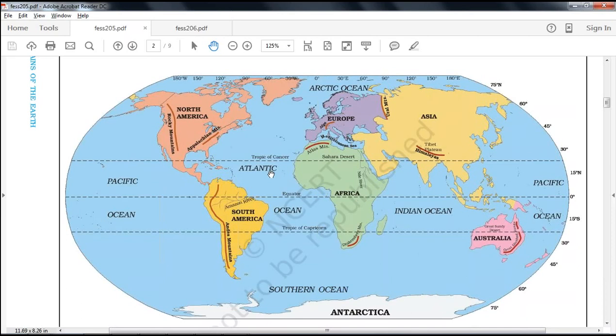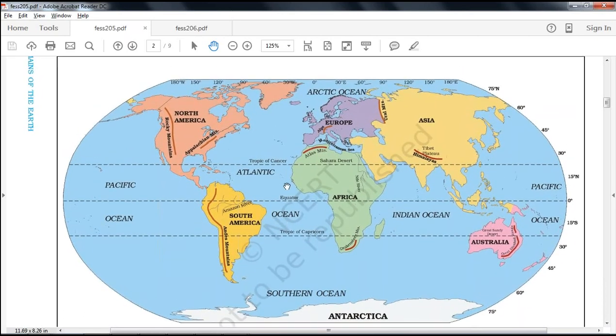This is second according to size, and it is S shaped. It is one of the busiest oceans in terms of transport of goods through ships. The Atlantic Ocean is in both hemispheres.